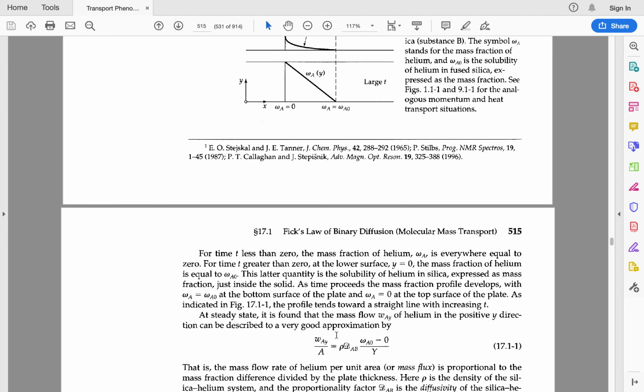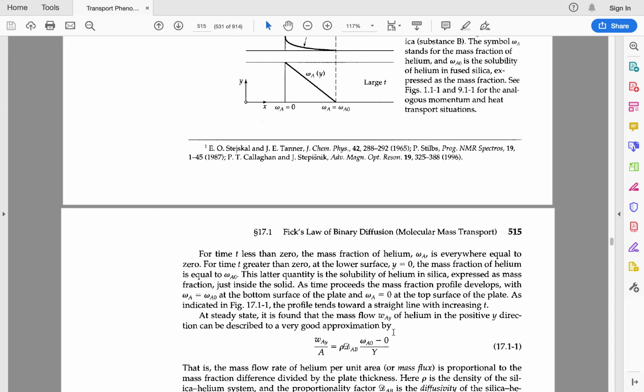Right, so in steady state, we find that the mass flow of omega A over the plate of thickness Y, in the positive direction, can be described to a good approximation as omega AY over the area A equal to rho, the density, multiplied by the diffusivity DAB, multiplied by the concentration gradient, which is omega A0 minus 0.